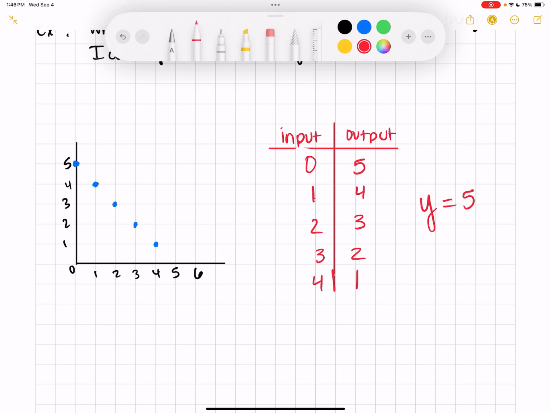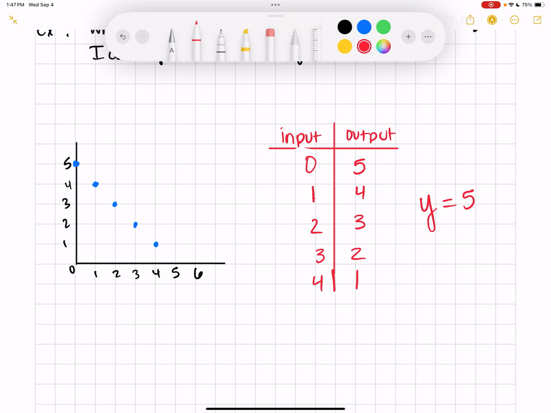There's no x there, meaning x is 0. Okay? Now, what happens when I go to x being 1? What is y? 4. So how do I get from 5 to 4? You subtract 1, which is subtracting whatever my x value is, right?